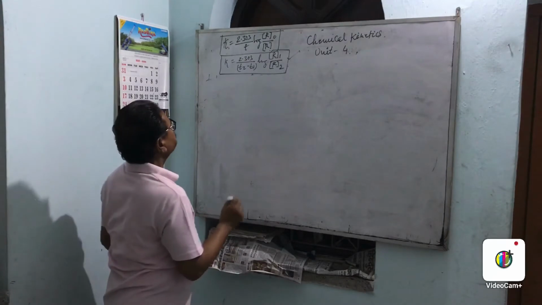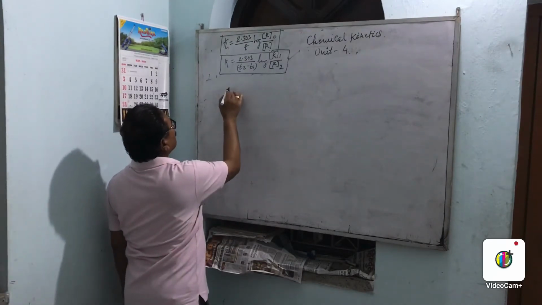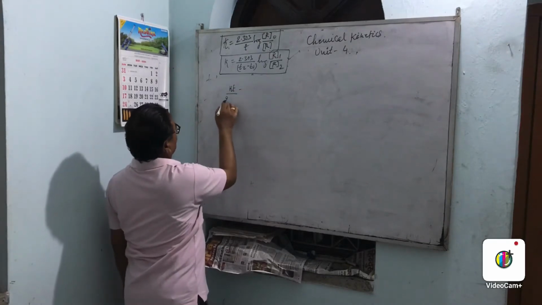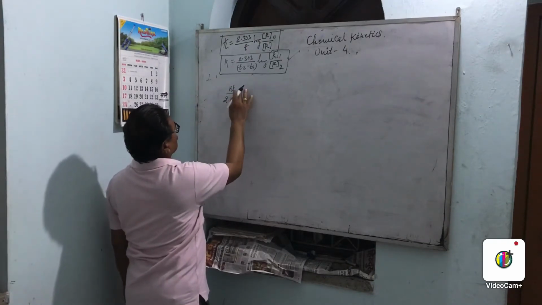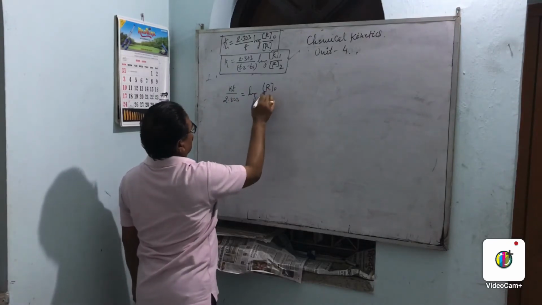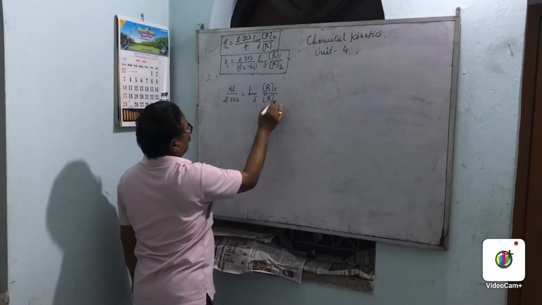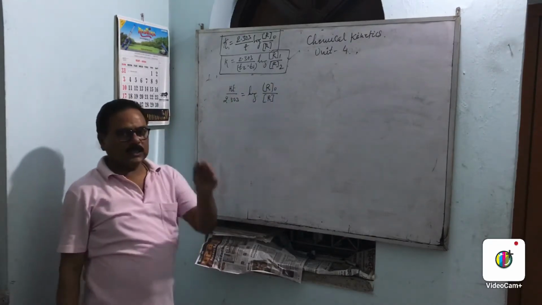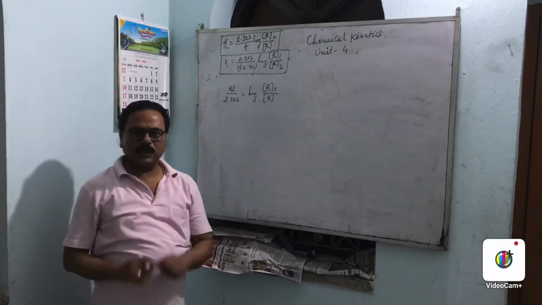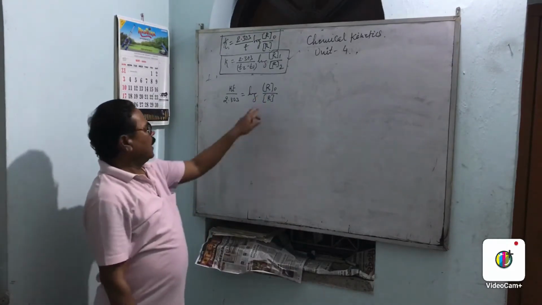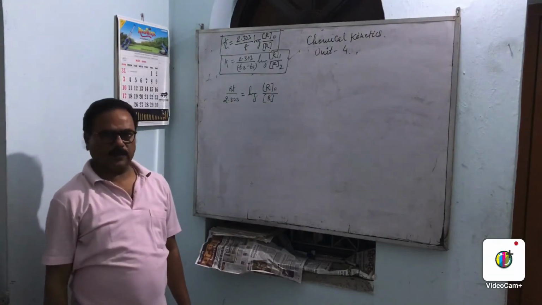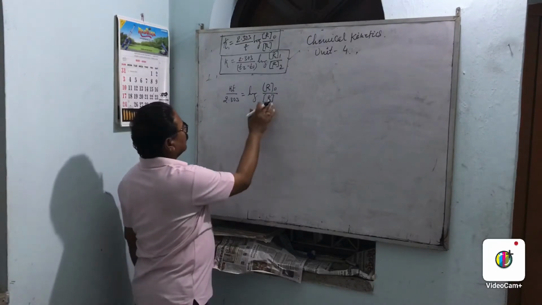So you see, now we have the formula kt equals 2.303 log R naught by R. What is R naught? This is the initial concentration of the reactant. I always remind you, R naught is the initial concentration of the reactant, and R is the concentration after the lapse of a certain time.